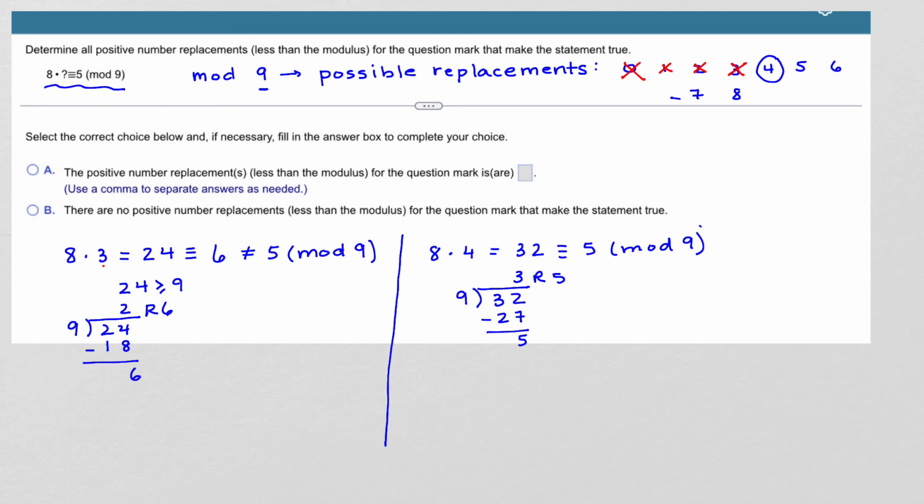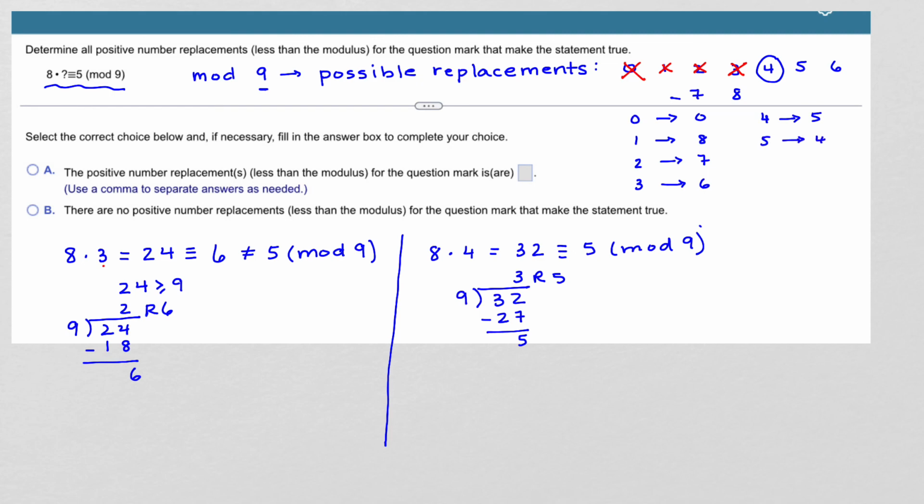If you keep in mind the results when we got 0, 1, 2, 3: 0 wound up giving us 0, 1 wound up giving us 8, 2 was 7, 3 was 6, and 4 was 5. So you can see the pattern's going to continue.